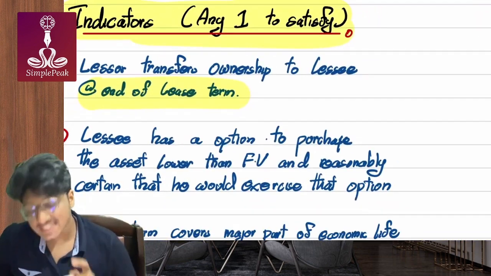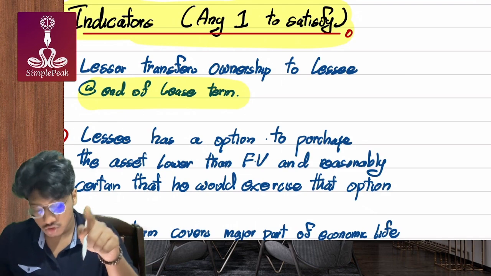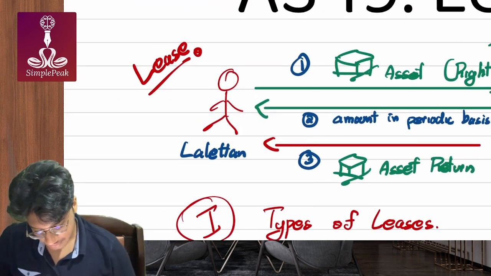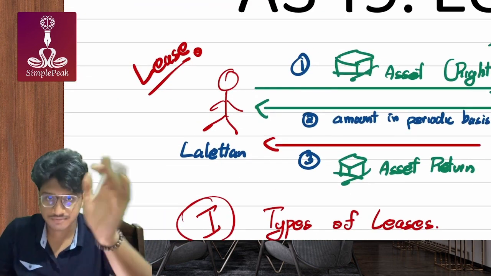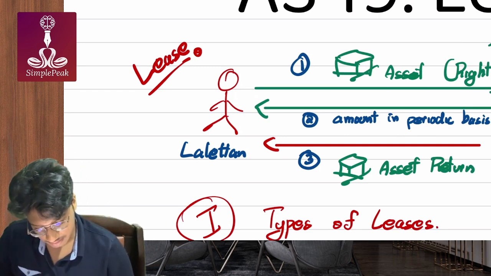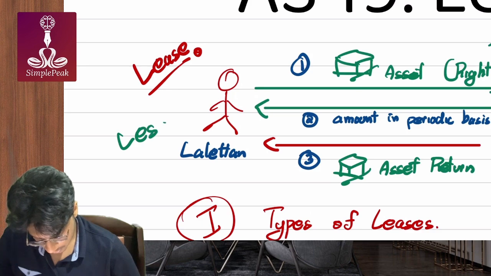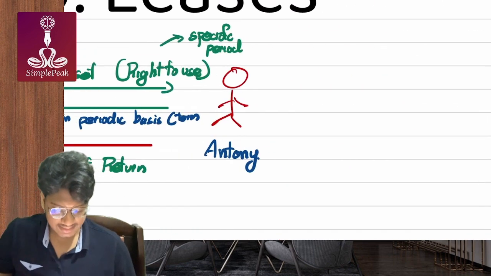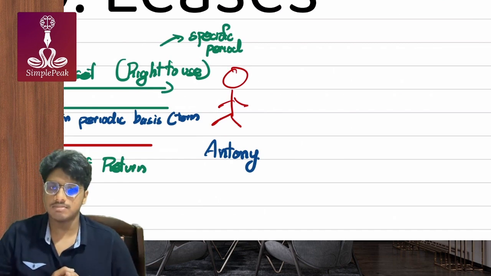Okay, so the lessor transfers the ownership to the lessee. Who is the lessor? Layman. The one who gives the asset, the one who gets the payment, is known as the lessor. Now the lessee. Here our case example is Anthony.